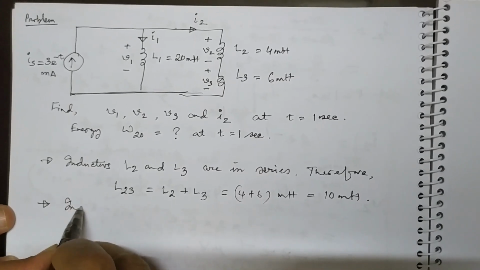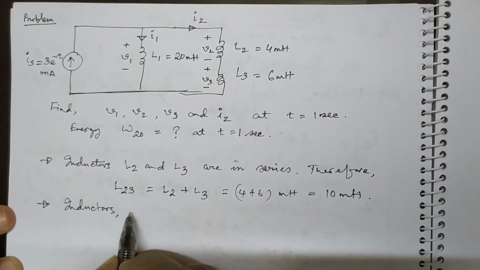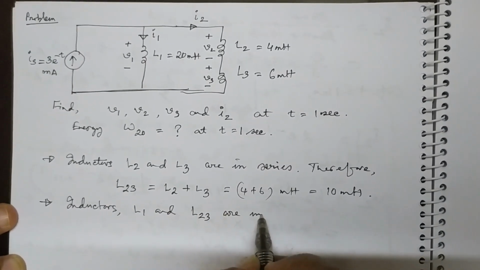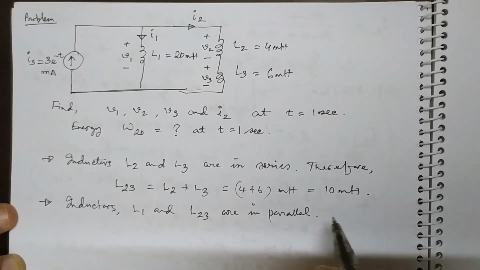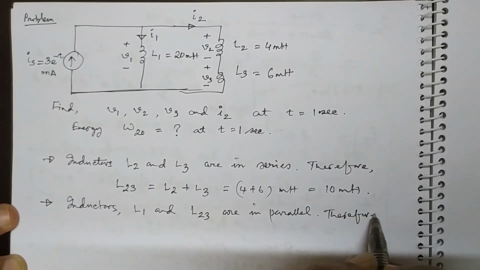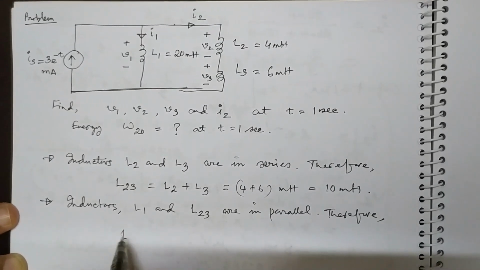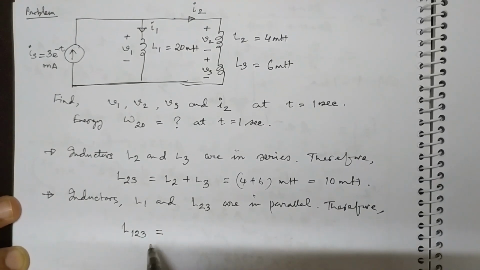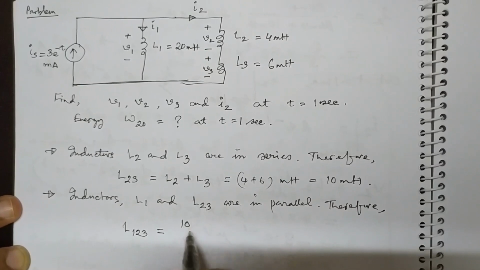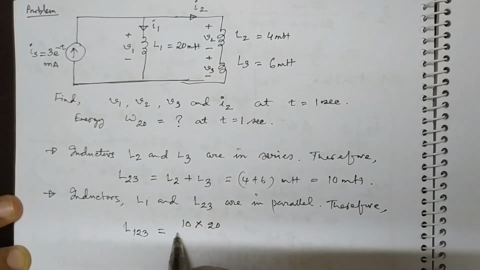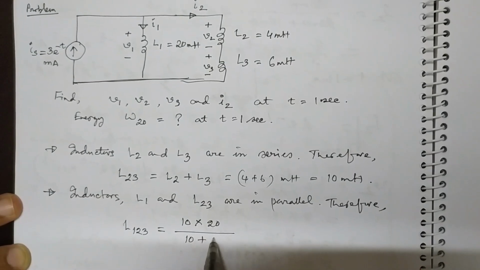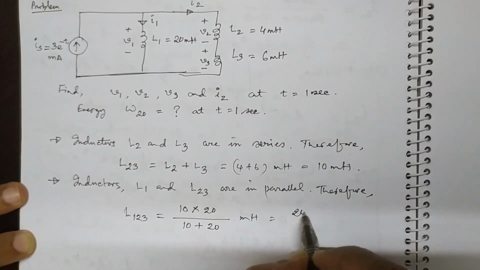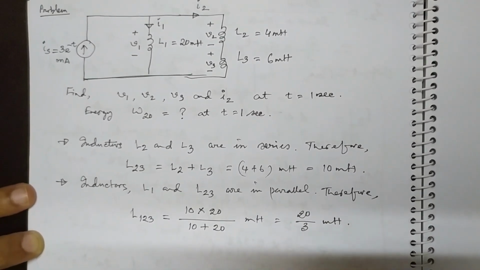Now, inductors L1 and L23 are in parallel. Therefore, L123 is equal to 10 into 20 divided by 10 plus 20 millihenry, that is equal to 20 by 3 millihenry, right?